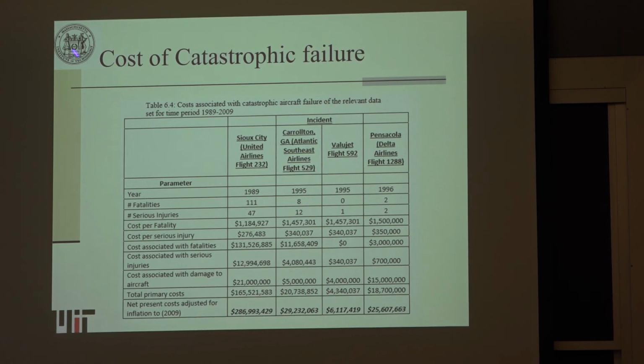So if we look at the 4 incidents in that 20-year period, Sioux City, Iowa is by far the most catastrophic of them all compared to the Carrollton flight, ValuJet, and the Pensacola crash. 111 fatalities, 47 serious injuries.